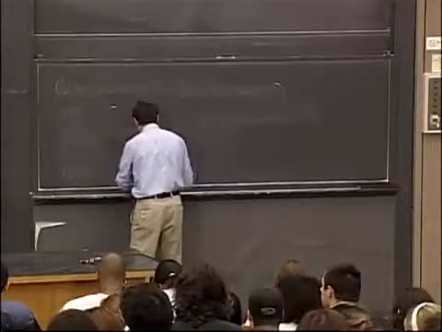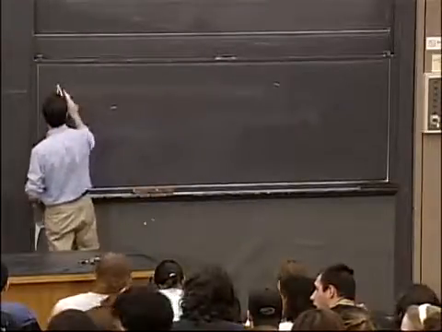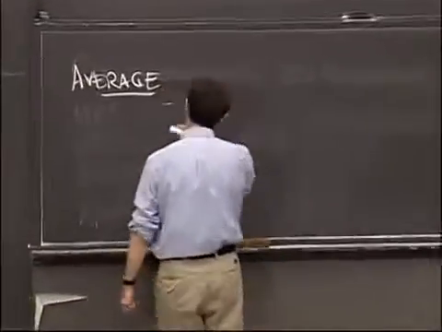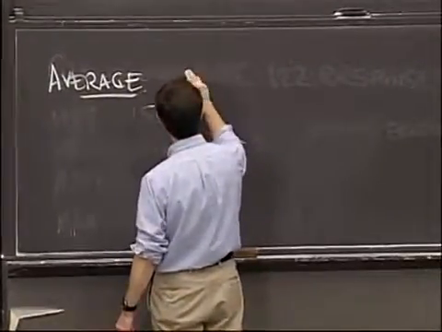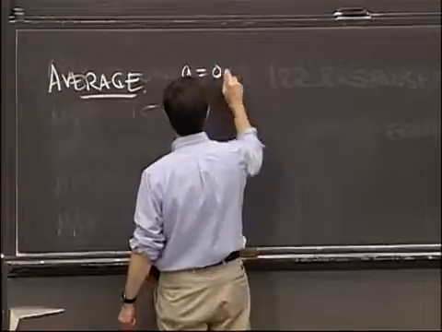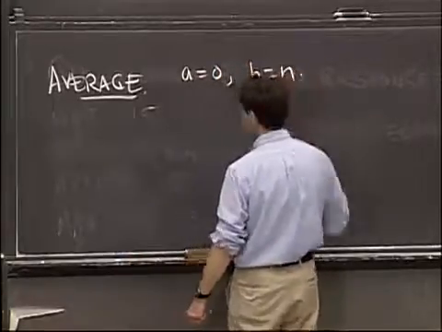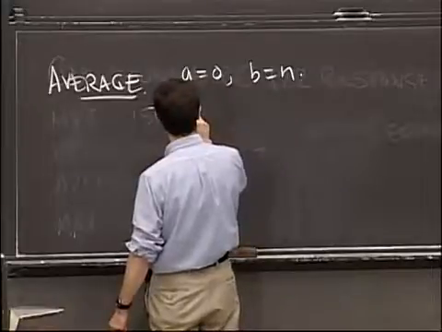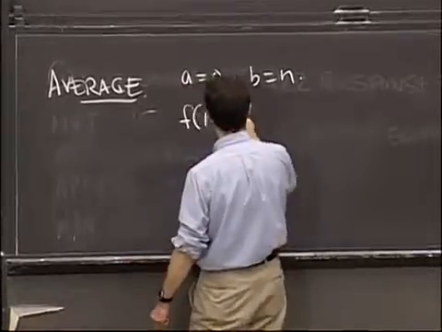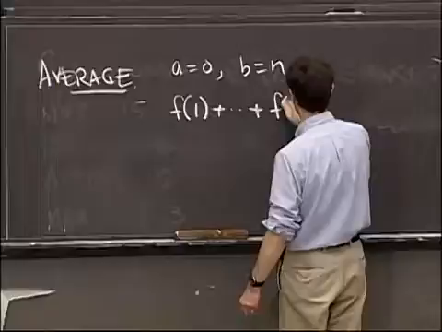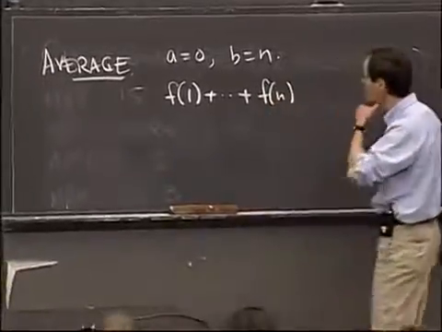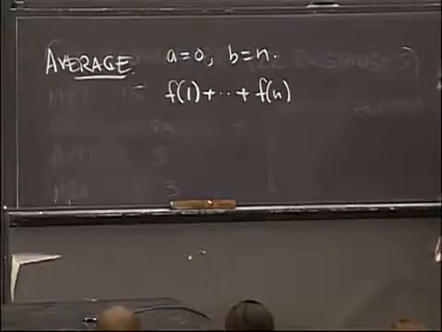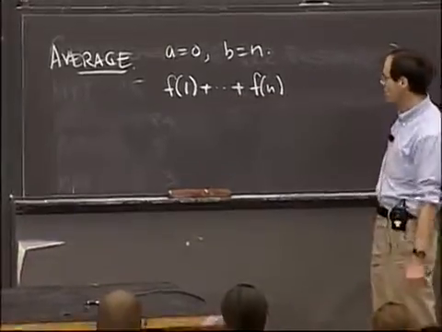So the idea of an average is the following. For example, imagine that a is equal to 0 and b is equal to n, let's say. And so we might sum the function from 1 to n. Now that would be the sum of the values from 1 to n.